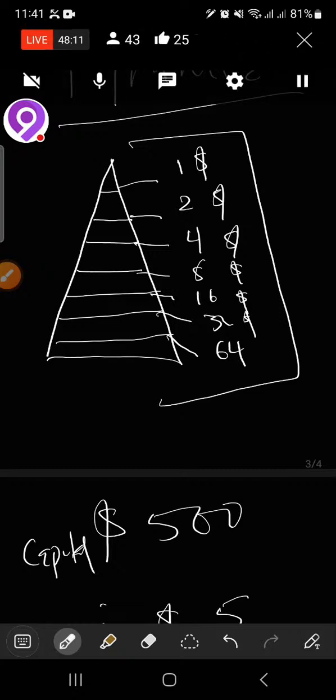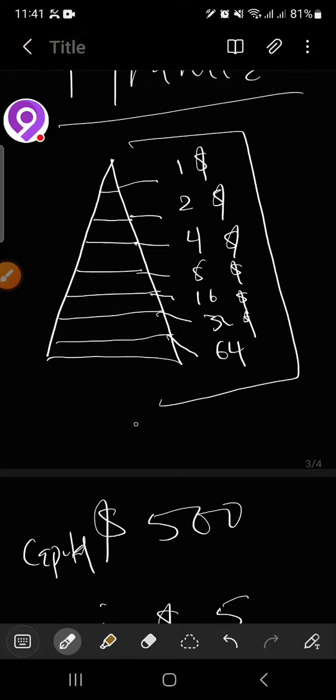Okay, so for your pyramid DCA, don't forget I said that if you want to use the pyramid DCA, you need a lot of capital. It's not for a $50 account or $100 account or let's say $500 account. You understand? At least for you to do pyramid DCA, you need a minimum of $1,000.